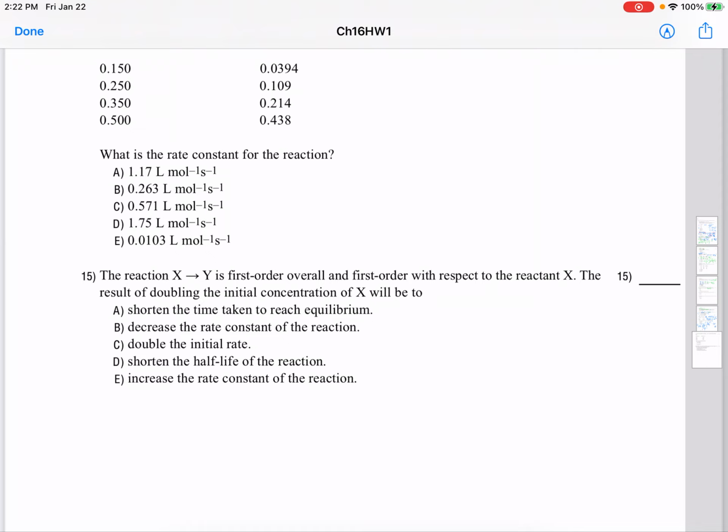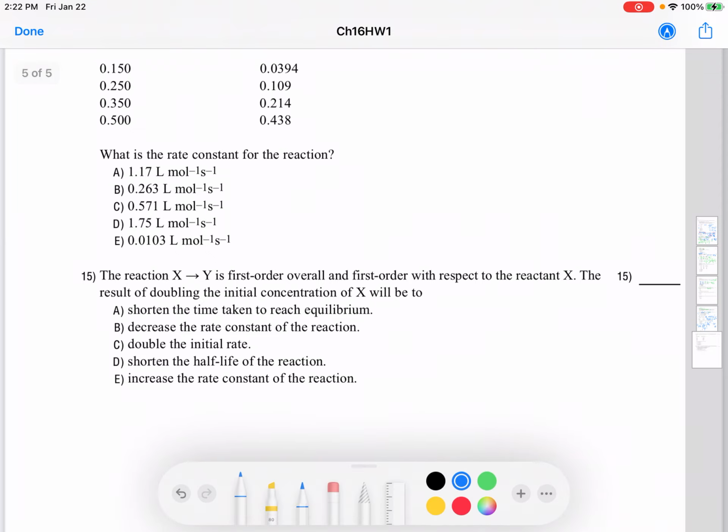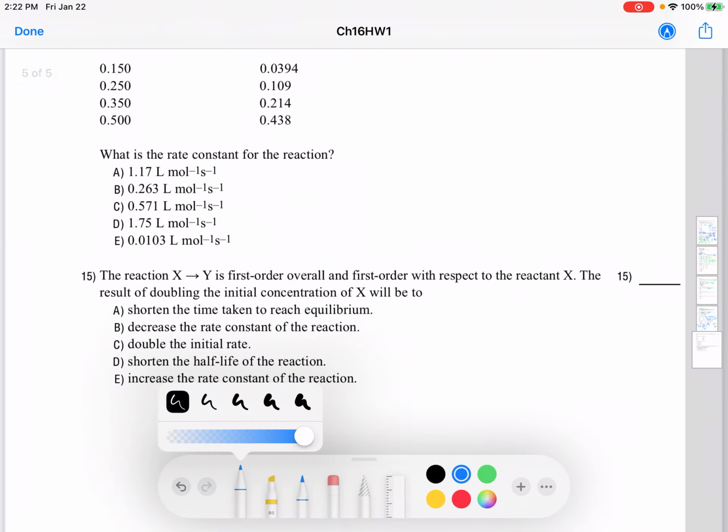So there are 5 choices given. Remember, we learned in our lecture that if you have a zero order reaction, nothing happens to the initial rate. The rate is not affected. If it is a zero order reaction, doubling the initial concentration does nothing to the rate.